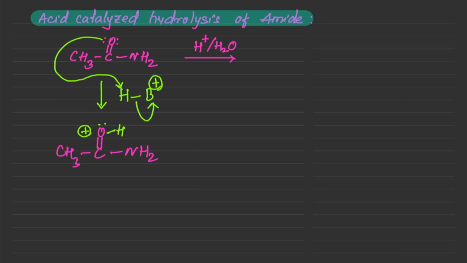Now at this point, there are a couple of things we can do. Every time you see a positive charge on your oxygen or nitrogen, your next goal should be to neutralize it. How many ways can you neutralize it? You need a pair of electrons. Well, I could get a pair of electrons if I bring these 2 electrons here back to oxygen.